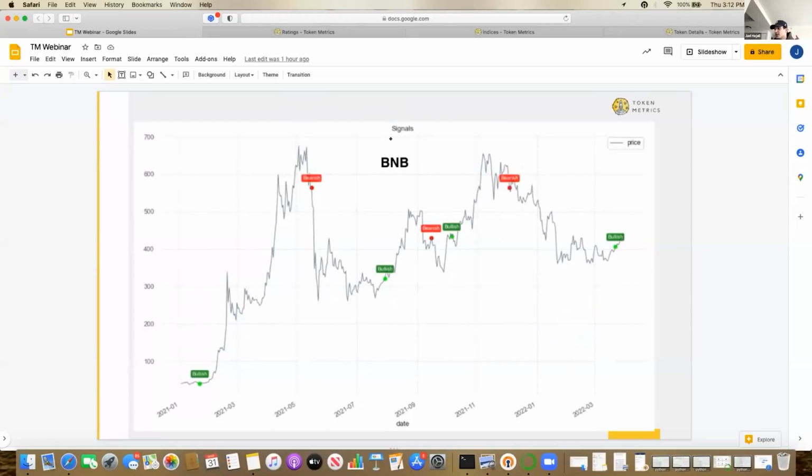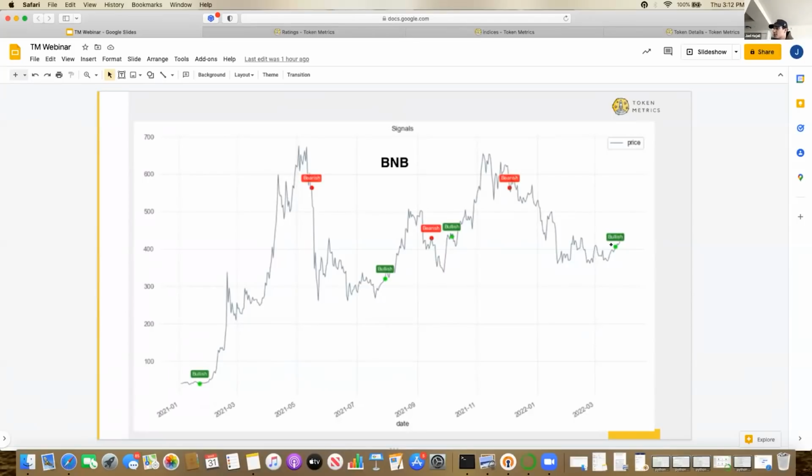Other examples, here is BNB, very, very good performance based on TM grades. You see here the first bullish signal was very early on at below $50 and a bearish signal at around 555 here, which would have helped you skip also a 50% drawdown.